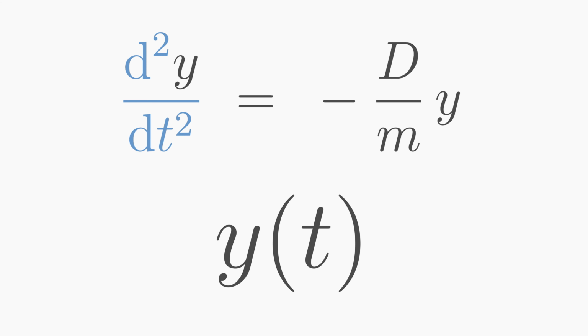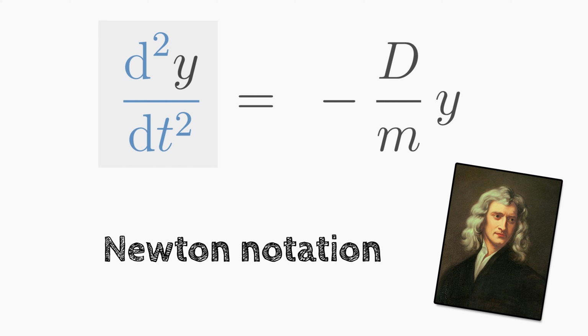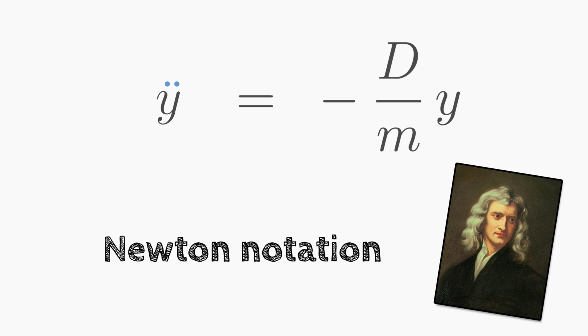If the function y depends only on the time t, then we can write down the time derivative even more compactly with the so-called Newton notation. One time derivative of y corresponds to one point above y. So if there is a second time derivative, as in our case, there will be 2 points. Obviously, this notation is rather unsuitable if you want to consider the 10th derivative, for example.